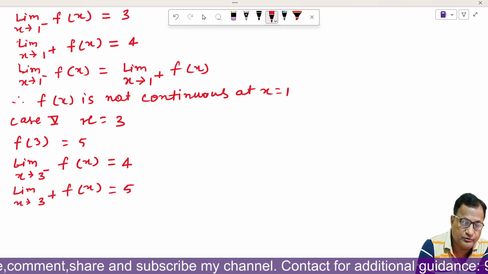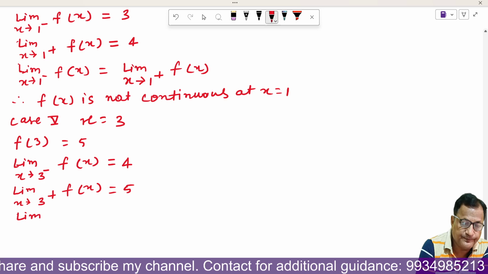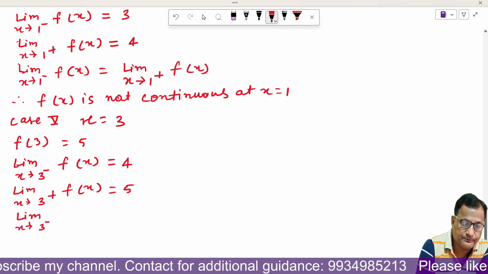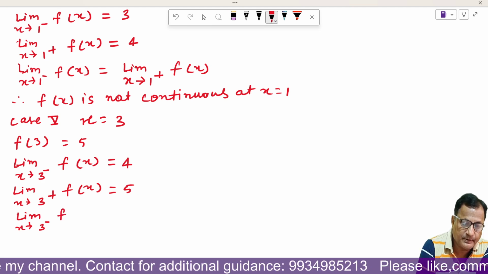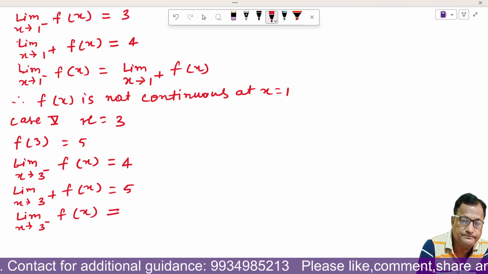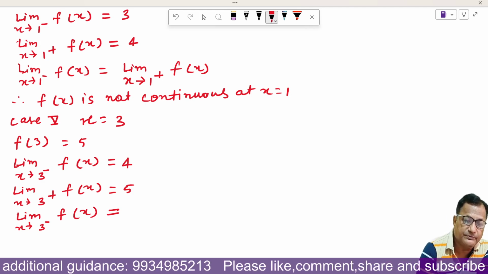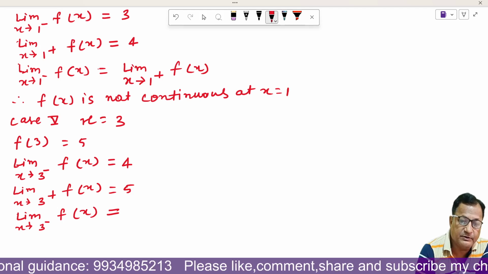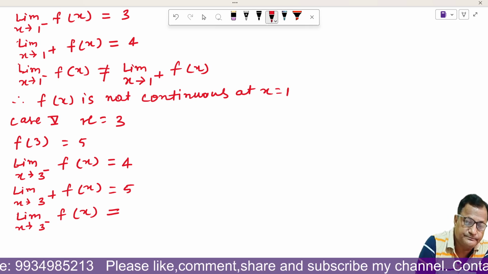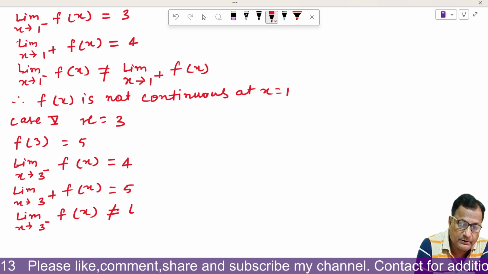So here also we see that the left hand limit is not equal to the right hand limit.